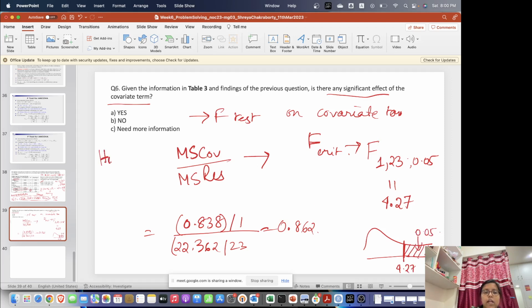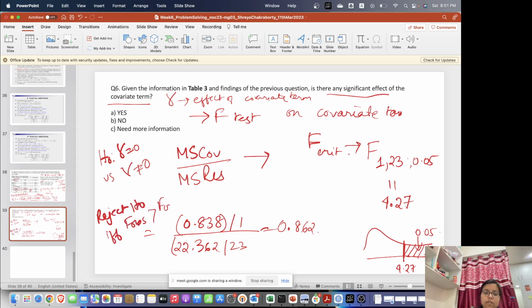My H naught was, if let's say gamma is the effect of the covariate term, then H naught: gamma equal to 0 versus gamma not equal to 0. The rejection rule was: reject H naught if and only if F observed is greater than F critical.